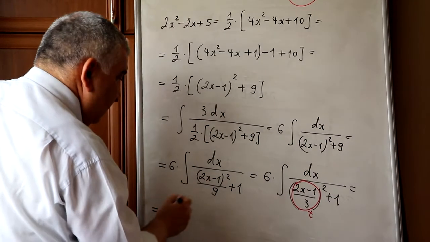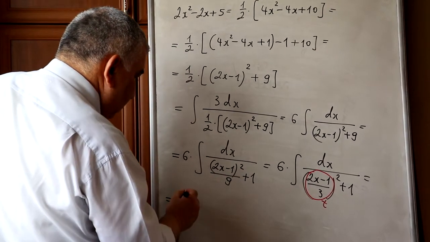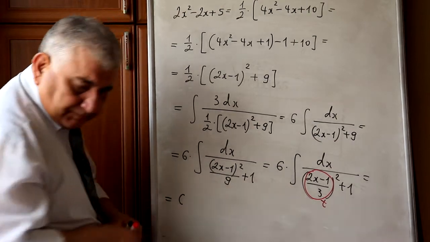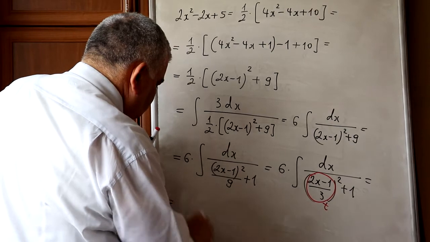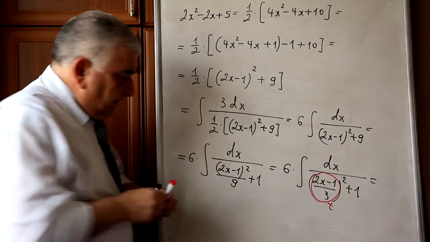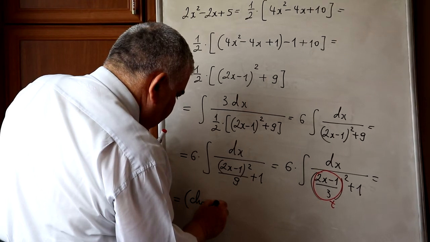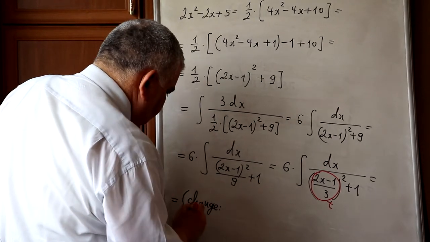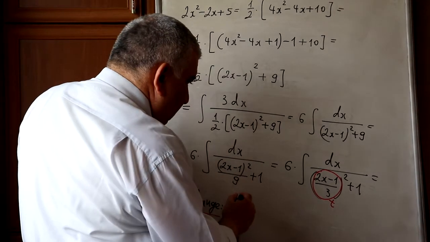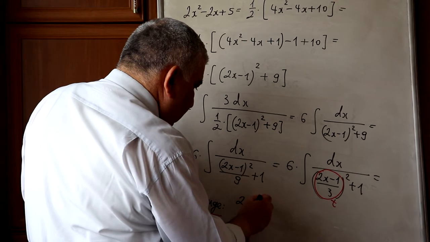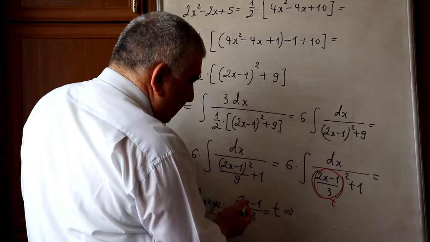Write the following change. 2x minus 1 over 3 is t. Then find x.